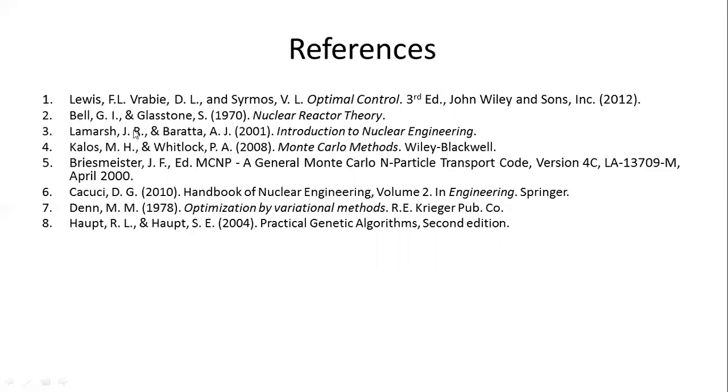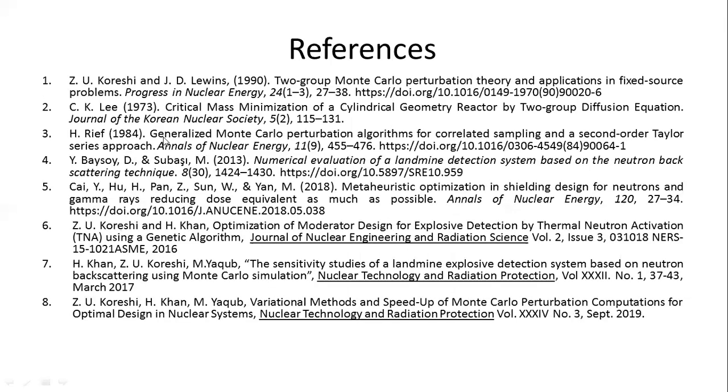Then there's Bell and Gladstone for nuclear reactor theory, Lamarche, Carlos, and Whitlock, the MCNP code described by Briesmeister, Handbook of Nuclear Engineering, and this is a very old but very useful, good collection of theoretical methods on optimization by variational methods by Den. For genetic algorithms, you have codes available in this book by Haupt and Haupt.